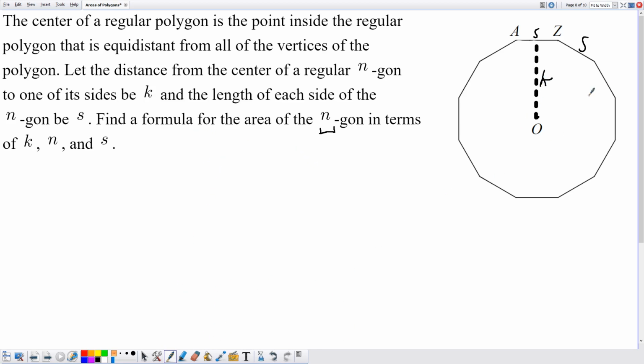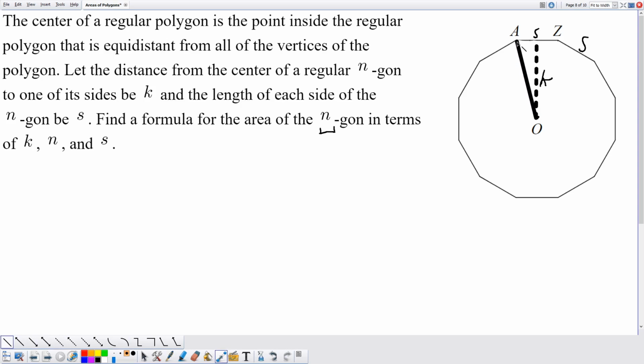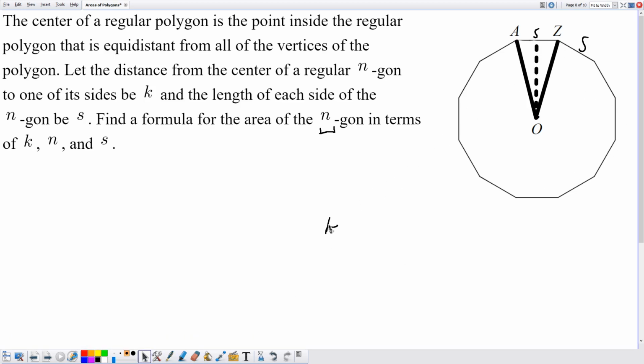Now it mentions that the center of a polygon is called the center because it's equidistant from the vertices. So let's draw the lengths from the center to the vertices.